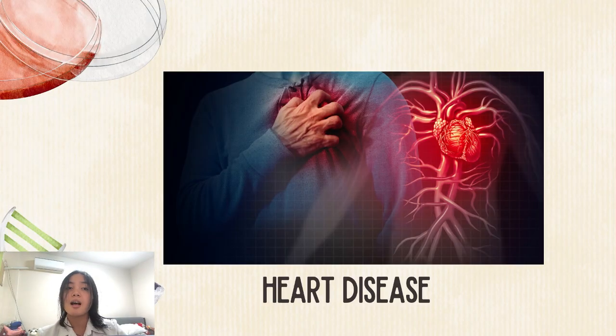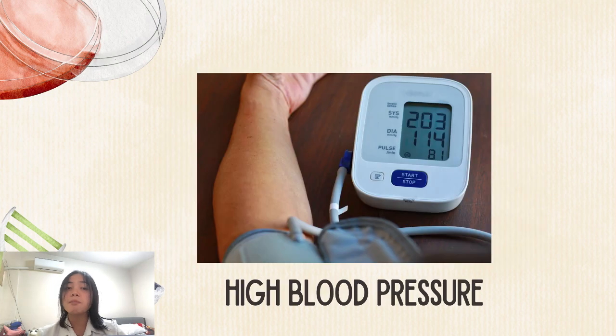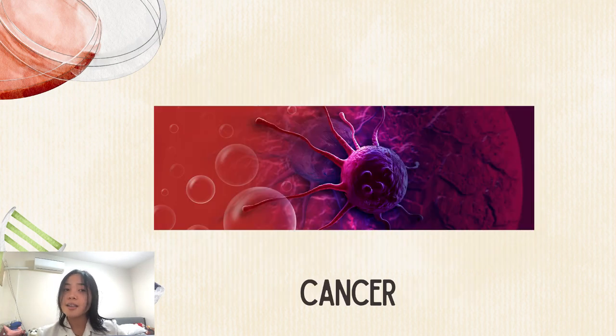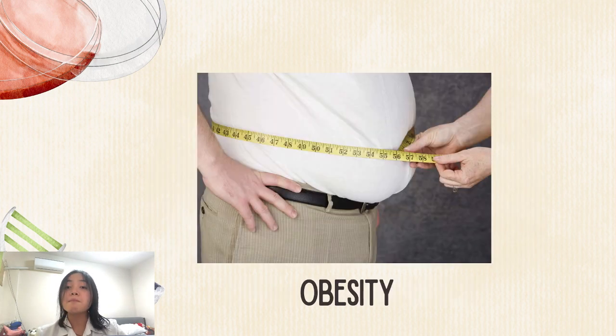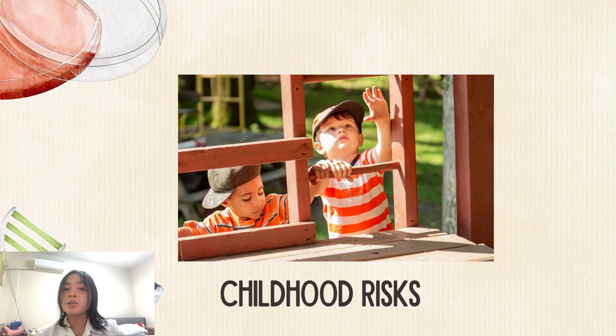This is because too much fat, especially the wrong kind, can lead to serious health problems such as heart disease, high blood pressure, cancer, obesity, gallbladder disease, and childhood risks such as lifelong heart problems.